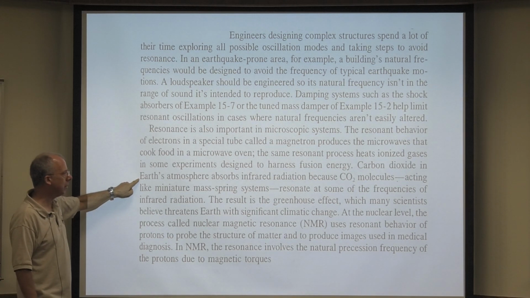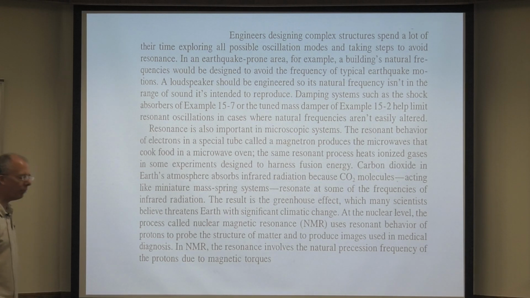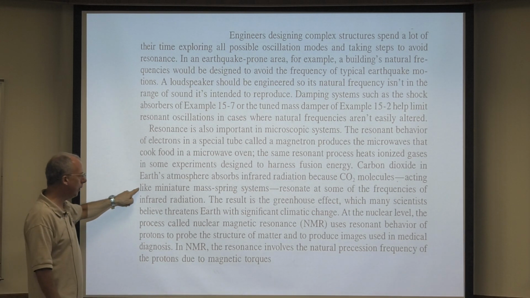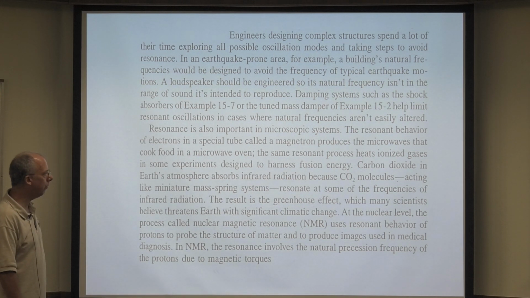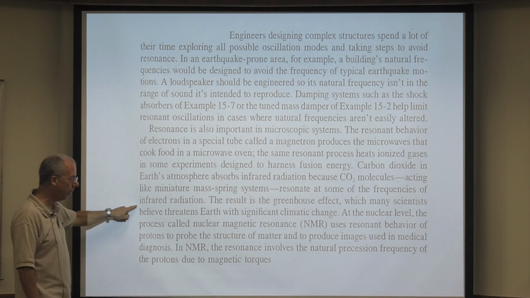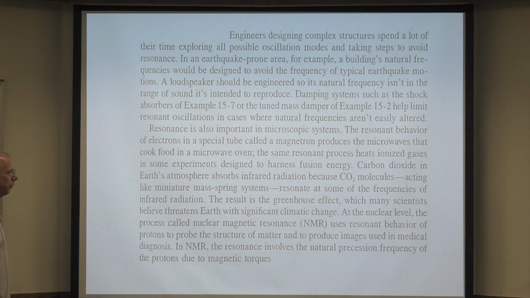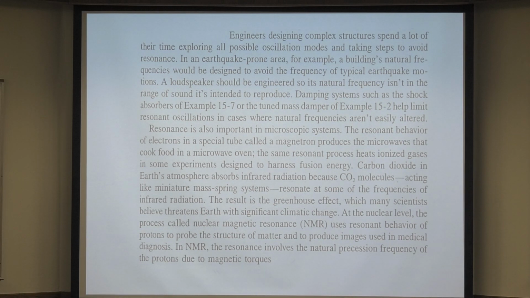CO2 in Earth's atmosphere absorbs infrared radiation because CO2 molecules, acting like miniature mass spring systems, resonate at some of the frequencies of the infrared radiation. The result is the greenhouse effect, which most scientists believe threatens Earth with significant climate change.